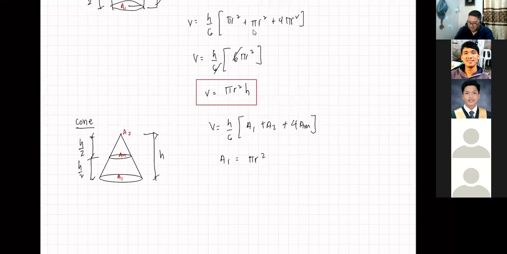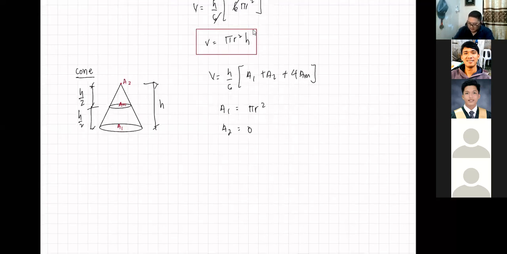A2, si A2 natin, makita natin dito, wala siyang area. Point lang siya. So si area 2 ay 0. Si AM, paano ngayon si AM? Hindi natin alam yung value ng R niya dito. Pero what we can do is to perform ratio and proportion kasi may triangle tayo dito.